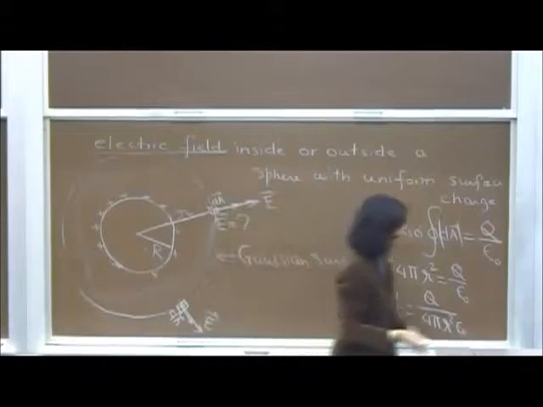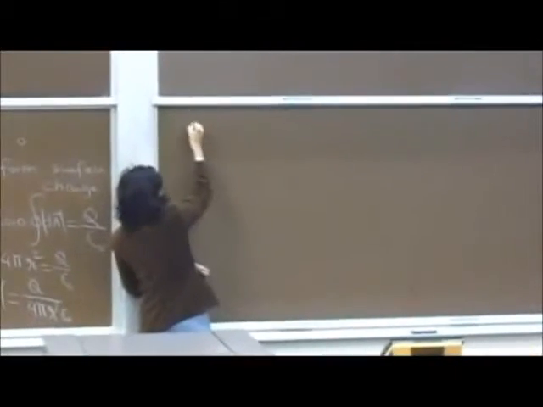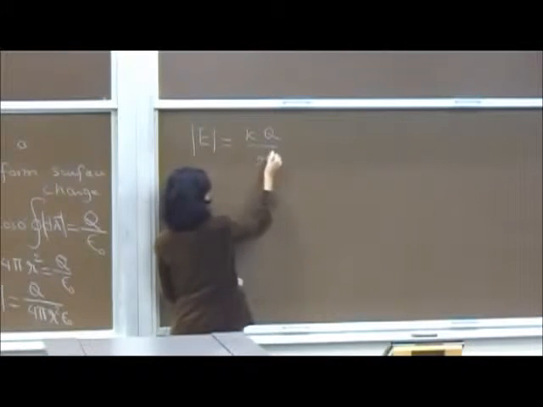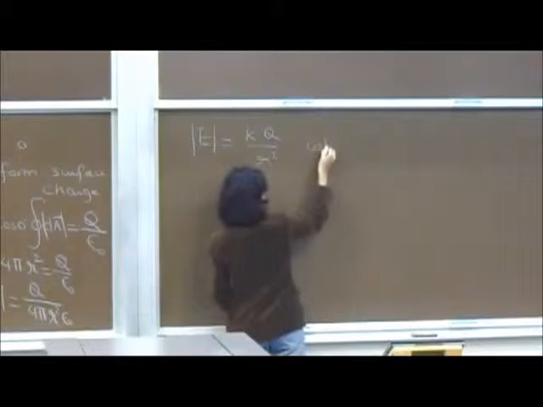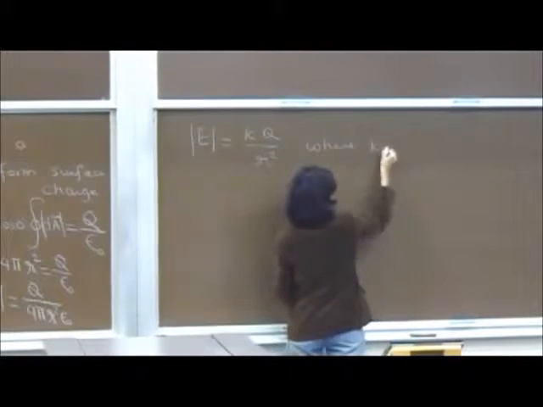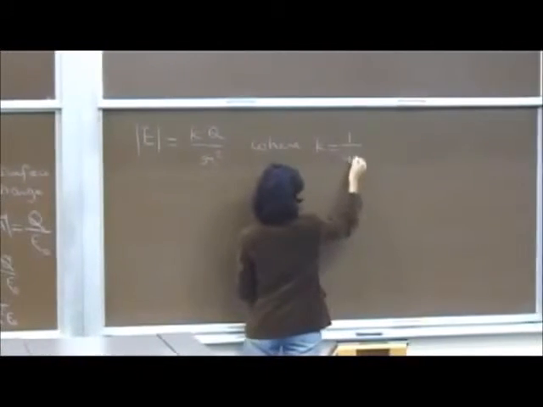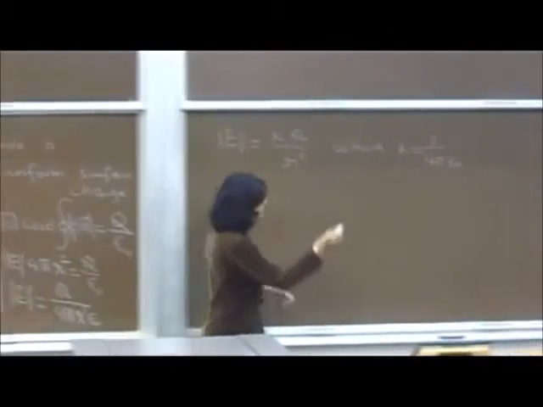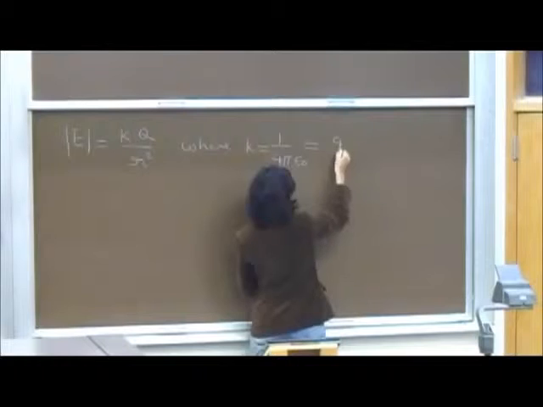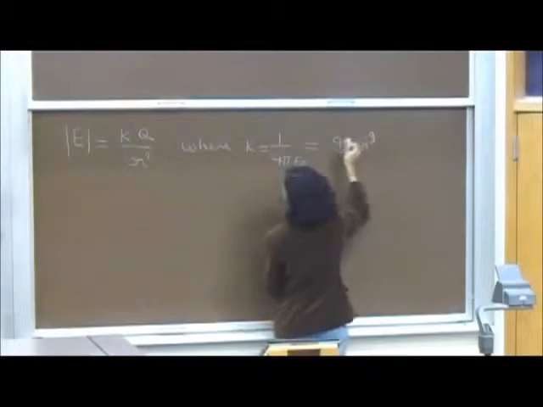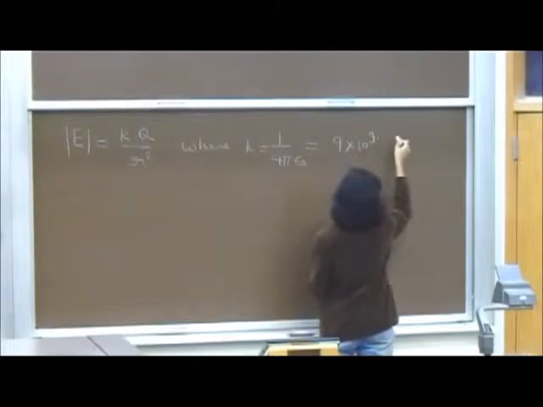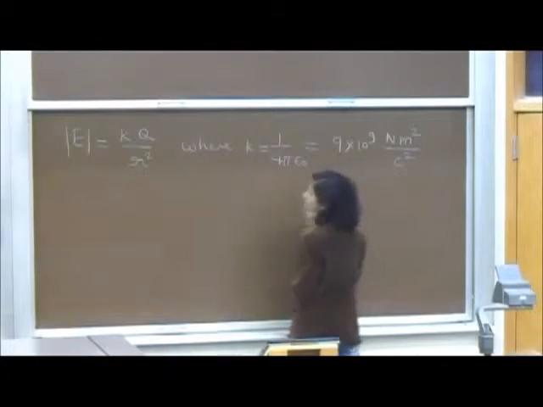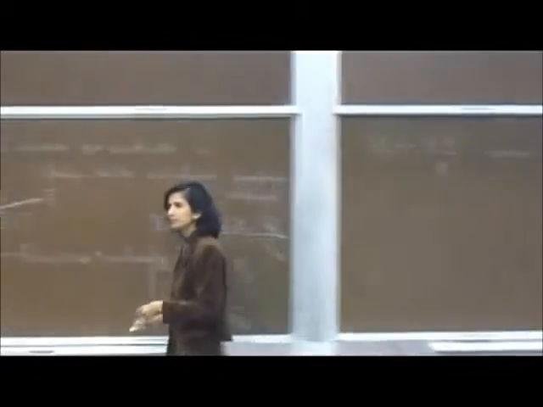And notice that this can be written as E equal to K Q over r square, where K is the constant we talked about. This is 1 over 4 pi epsilon 0. Remember this? This was 9 times 10 to the power 9 Newton meter square per Coulomb square. Do you remember that?